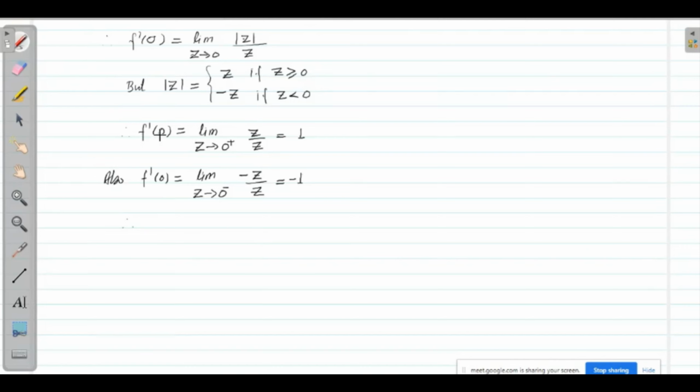Therefore we can say that the limit of the function is not unique. If the limit exists, it must be unique. Otherwise, you can say that the limit does not exist.